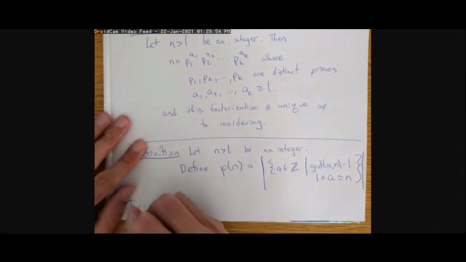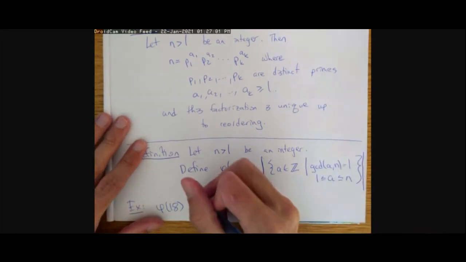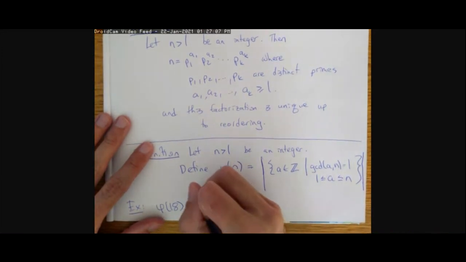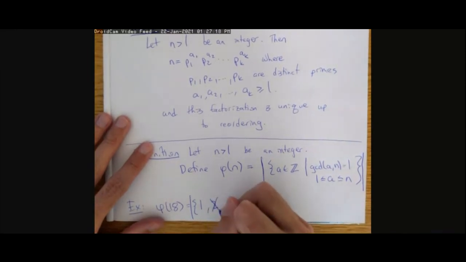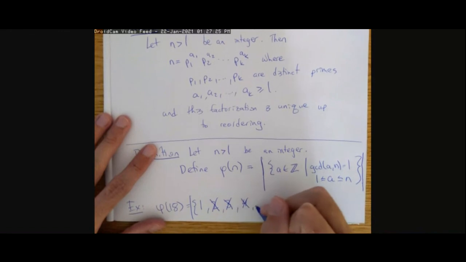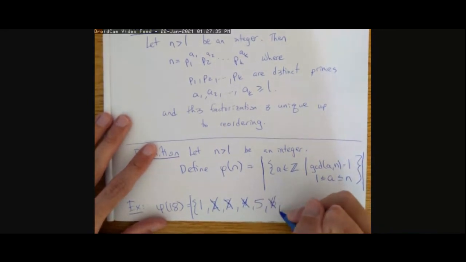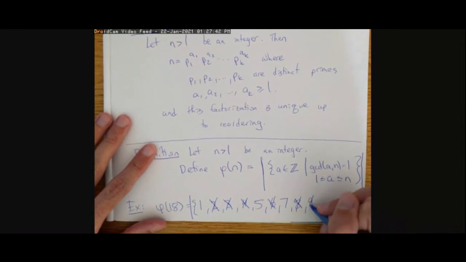Example. How do we compute phi of 18? Well, we just go from 1 up to N and cross out things that have a common factor with 18. 2, 3 has a common factor with 18. 4 has a common factor with 18. 5 and 18 have no factors in common except 1. 8 and 18 both have a common factor of 2.